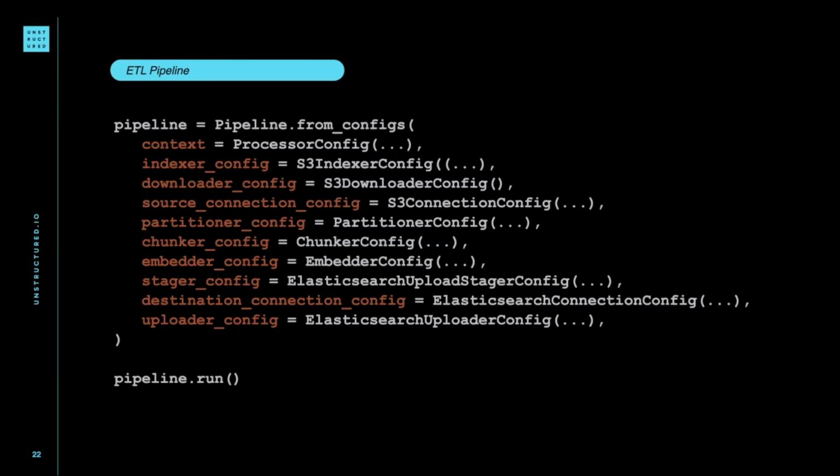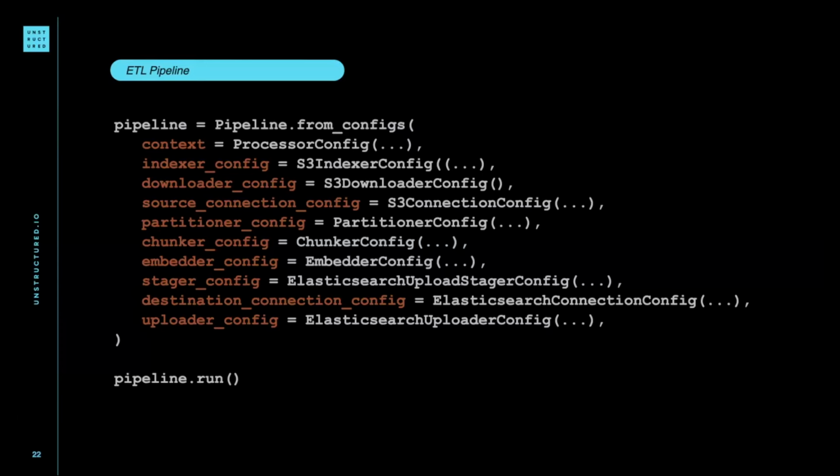And the first one I have here is the processor config. This is where you specify general behavior parameters like the verbosity, the number of processes you want to have, the error handling parameters, things like that. Then I have 3 different configs that relate to the S3 bucket.